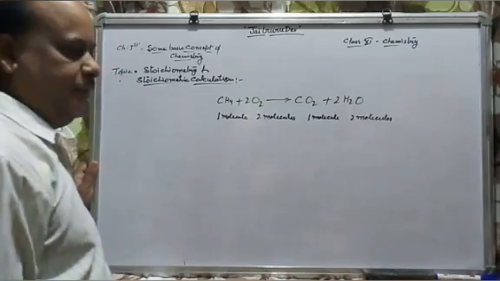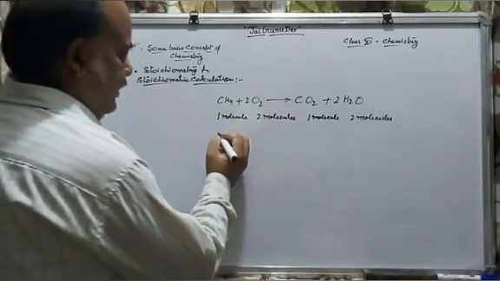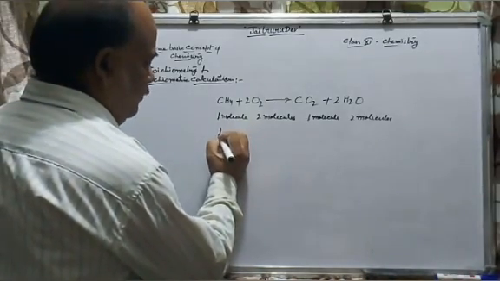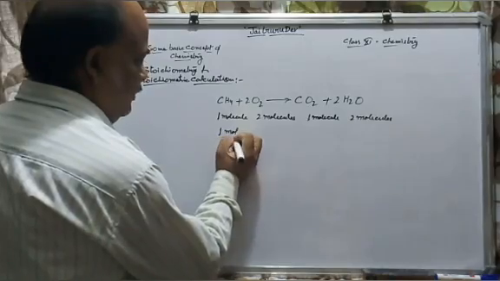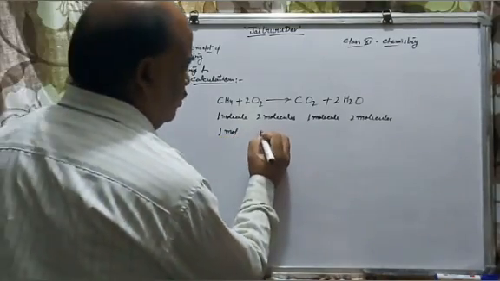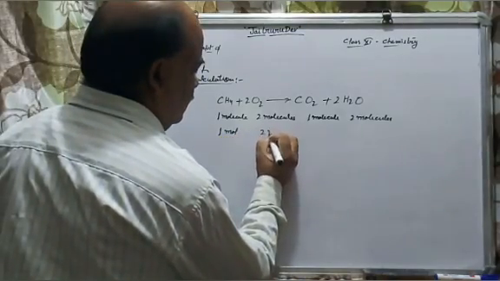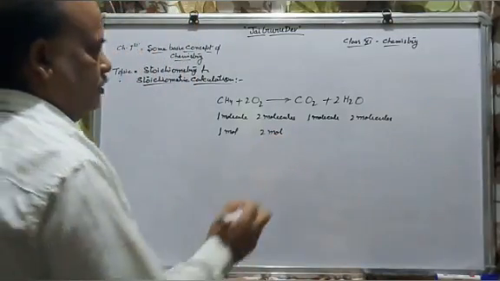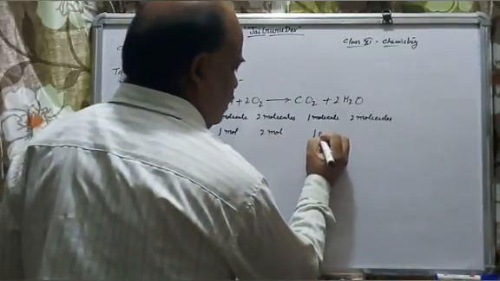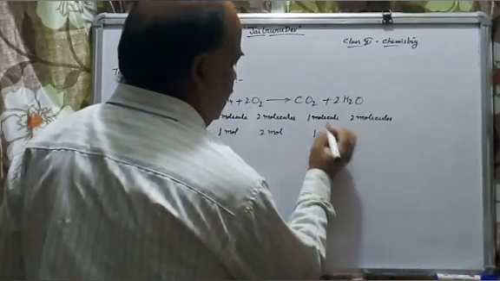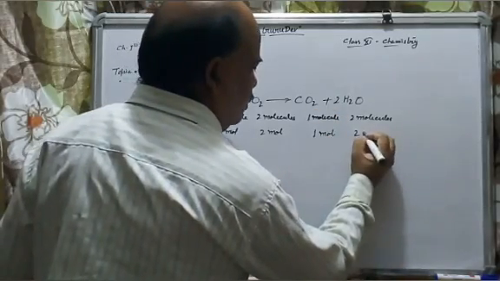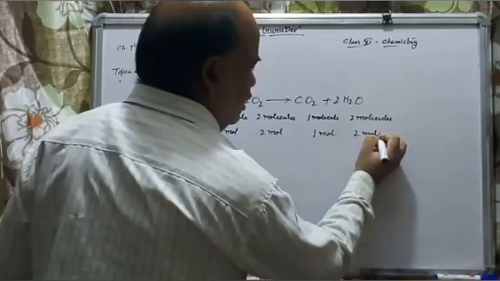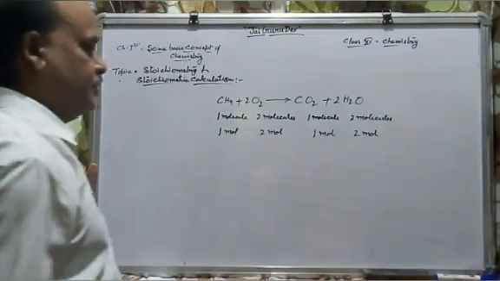We can write it: 1 mole of methane reacts with 2 moles of oxygen to produce 1 mole of carbon dioxide and 2 moles of water vapors.